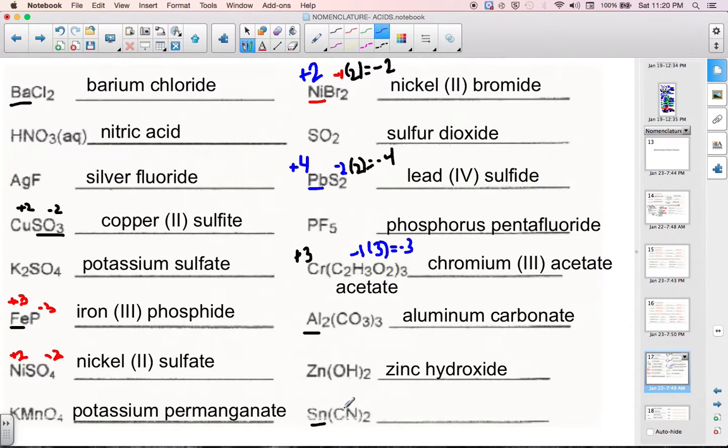In this case, CN doesn't have an oxygen, so I could just call it a polyatomic anion. It has a negative charge, so -1. There are 2 of them, 2 cyanides, and so in total, I have a -2 charge on the anion side.